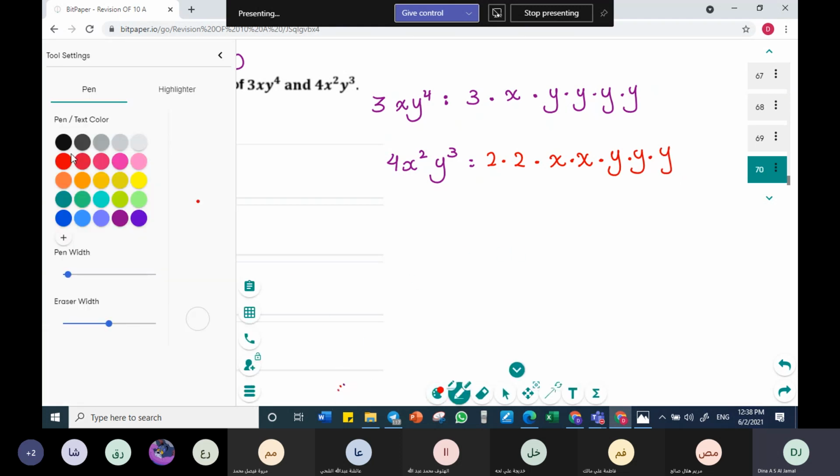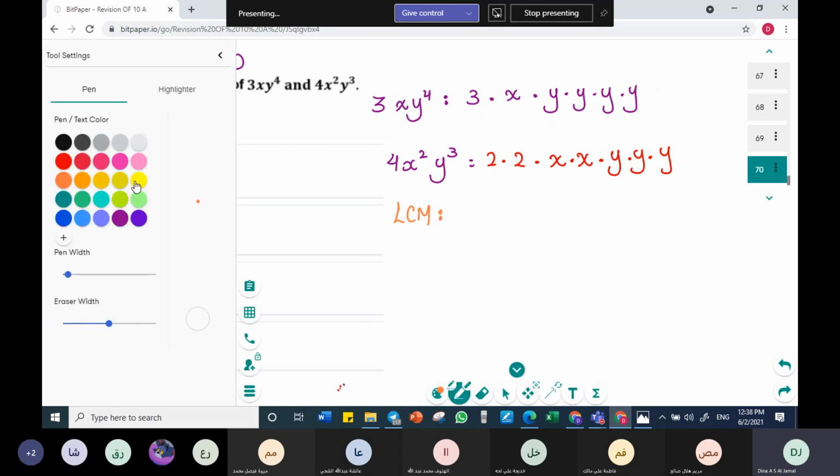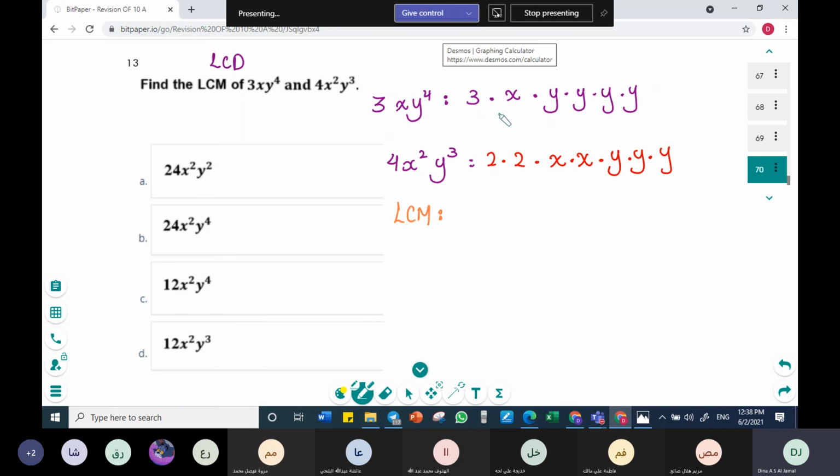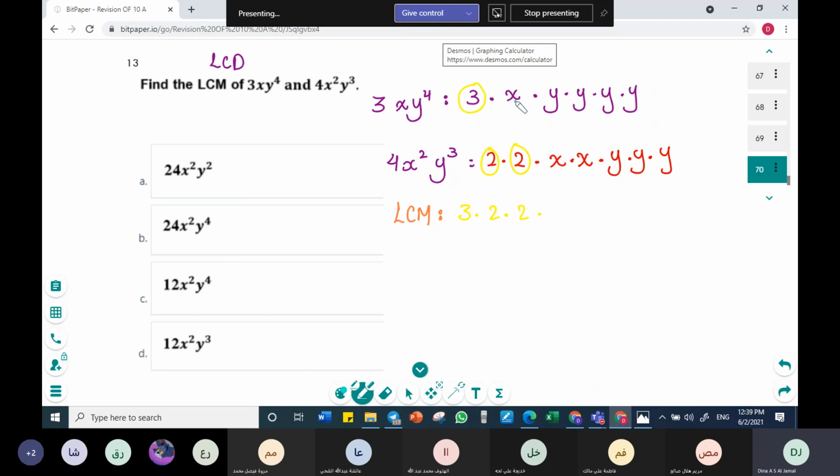To find the LCM, it is not like the GCF. Pay attention. For the GCF, you take only the common factors, but for the LCM, you take everything, and for the repeated values, you take the maximum of them. So we will take 3, 2 by 2. Now, I have the x here 1 time, here 2 times, so I will take the maximum, which is 2.